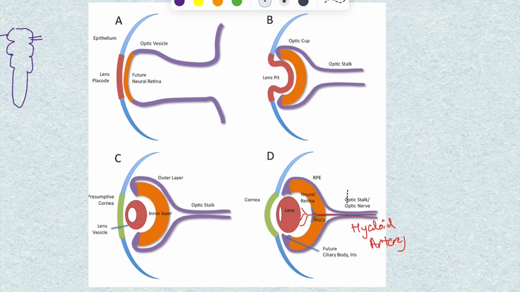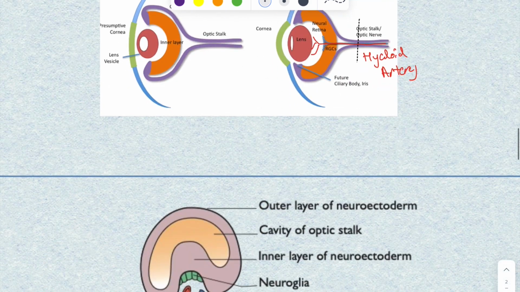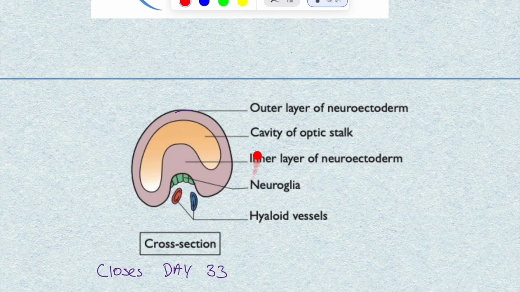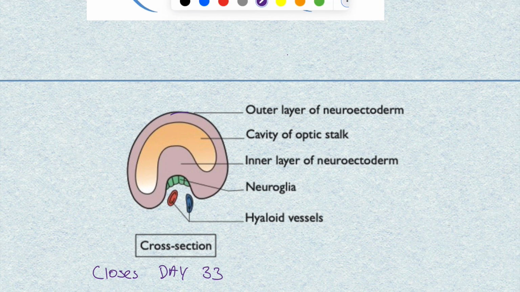And if we take a cross section of the optic stalk, we have this structure here. Just like the rest of the neuroectoderm, there's an outer layer and an inner layer, okay? And then running in the middle, we have these hyaloid vessels. They go on to supply the lens and the primary vitreous. To allow passage for the blood vessels to flow through to nourish the lens, it needs to flow through this little area here.